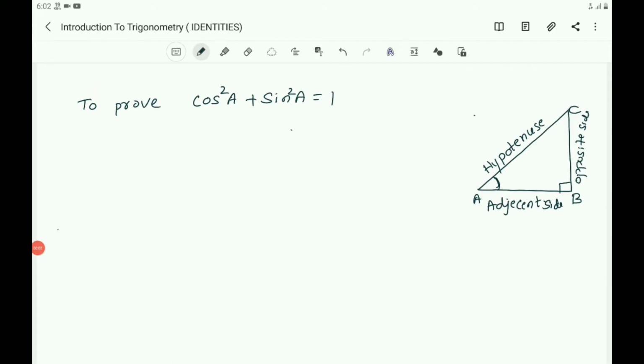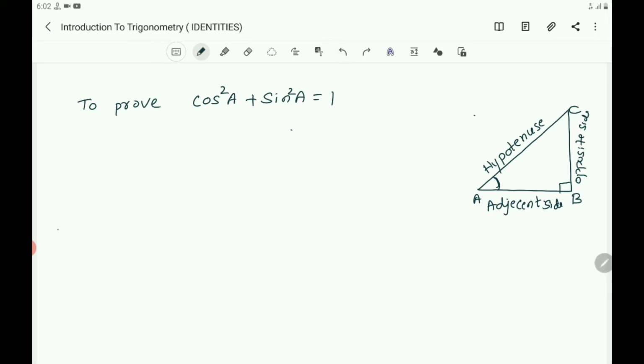Consider the right angle triangle ABC, in which angle B equals 90 degree, and with respect to the angle A, AB is the adjacent side and BC is the opposite side. As the side AC is opposite to the angle B, it is the hypotenuse.